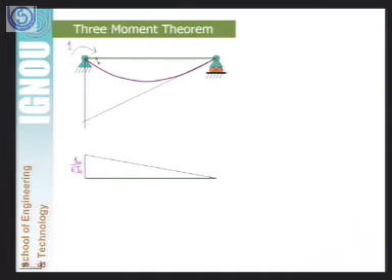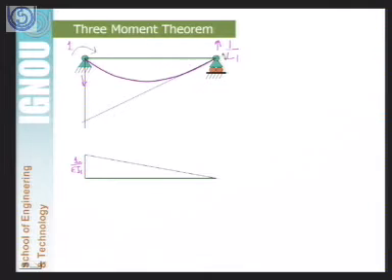Since we are giving an additional unit moment here, the value of moment will be 1 here. Because we are giving this moment in the clockwise direction, the reactions will give an anti-clockwise moment in this direction and this direction, and its value will be equal to 1 divided by L1.